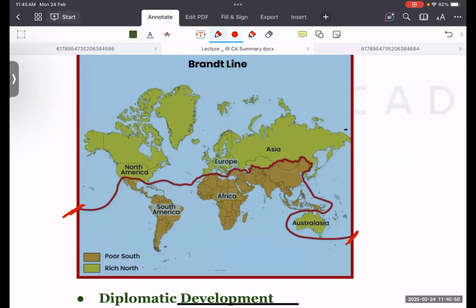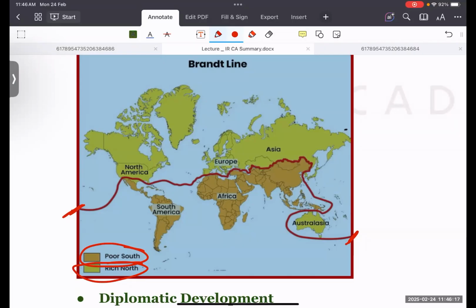Whichever countries are above this Brandt Line are called the global north, the rich north, and whichever countries are below it are called the poor south. That is the Global South. It has nothing to do exactly with geographical location, because Australia is exempted as a developed country.